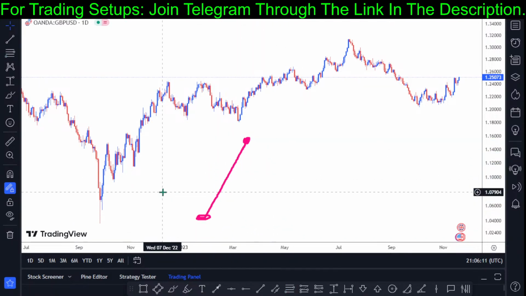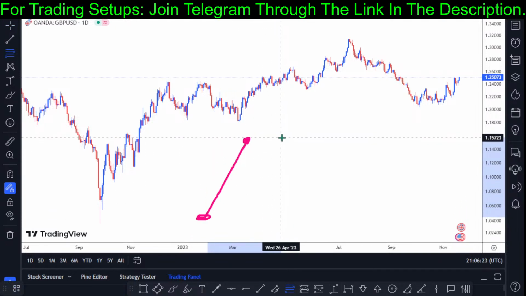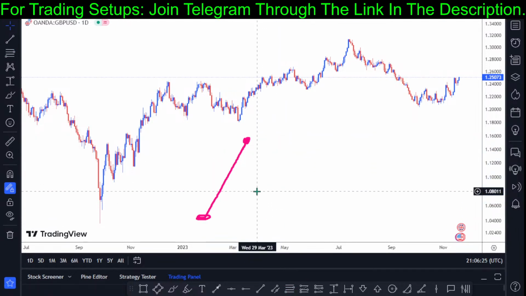We are having difficulties with network connections right here. From this swing to this high, I think we are having a lot of errors, my tools are not showing on the chart.